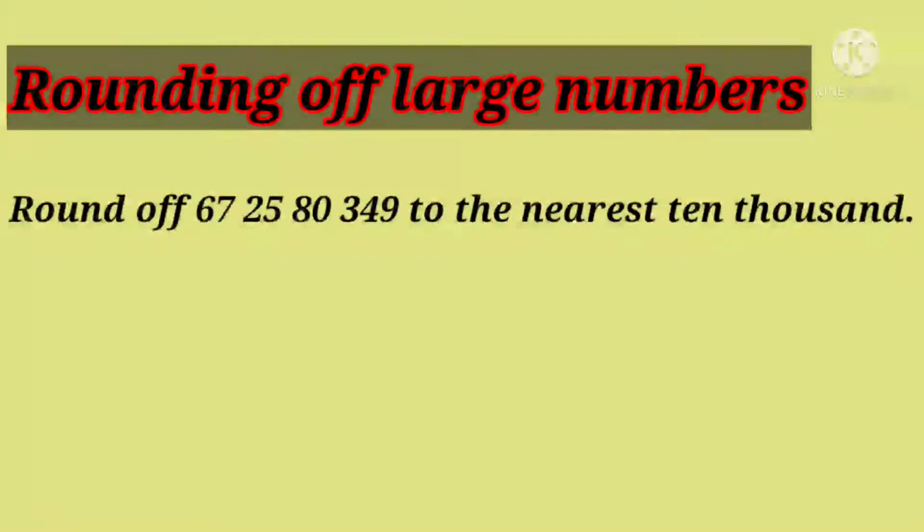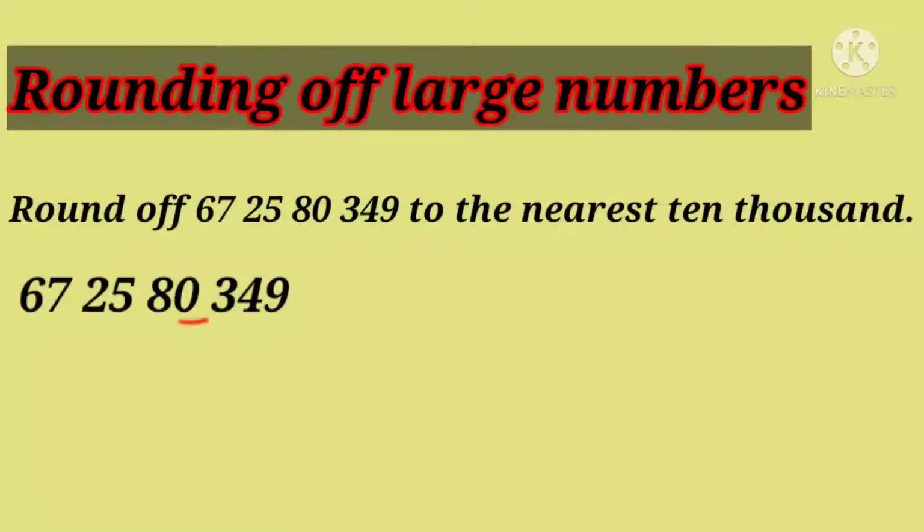Our next topic is rounding off large numbers. The steps for rounding off a large number to any place is the same as we did for rounding off the number to nearest 10, 100. For example, if we want to round off the number 67 crore 25 lakh 80,349 to the nearest 10,000, then we see the digit to the right of the 10,000 place.